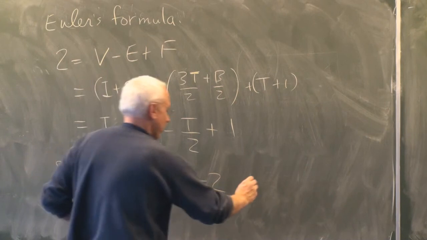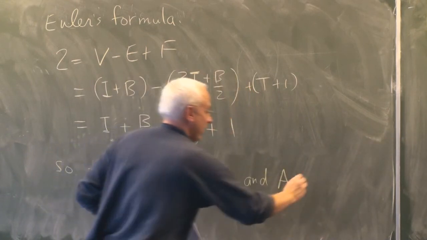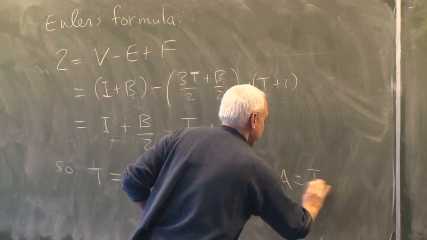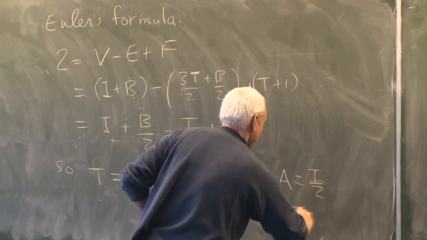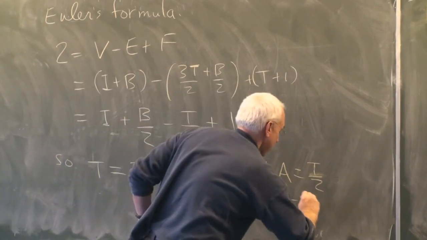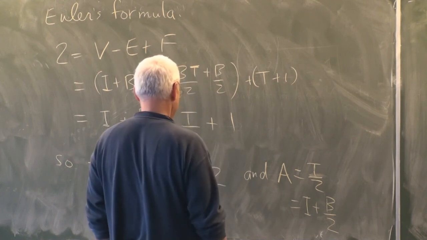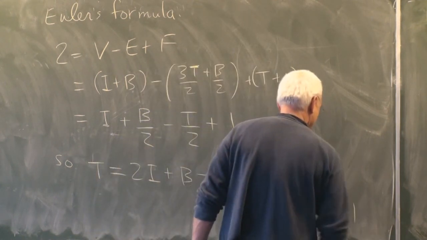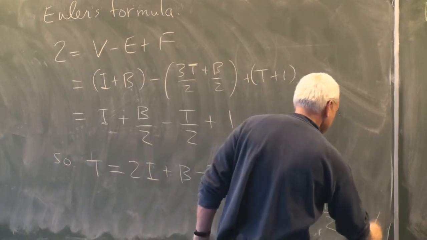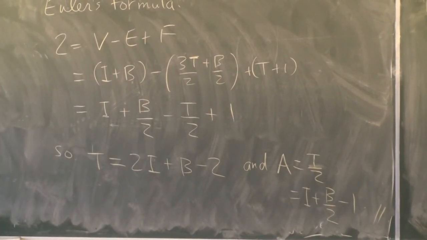And A, which is what we're really interested in, which is T over 2, that's equal to, just divide this by 2, I plus B over 2 minus 1. There's our formula, Pick's Theorem.